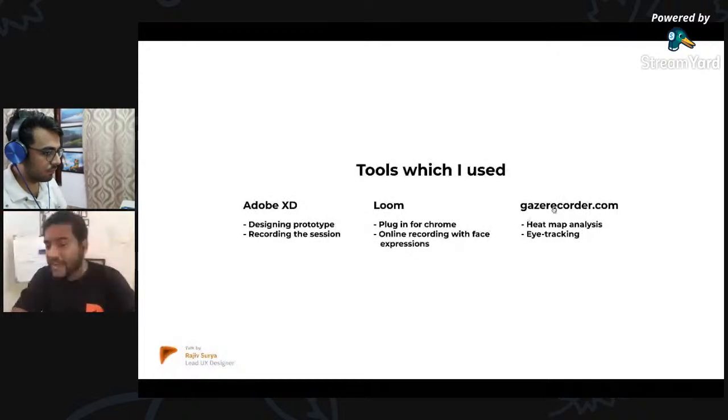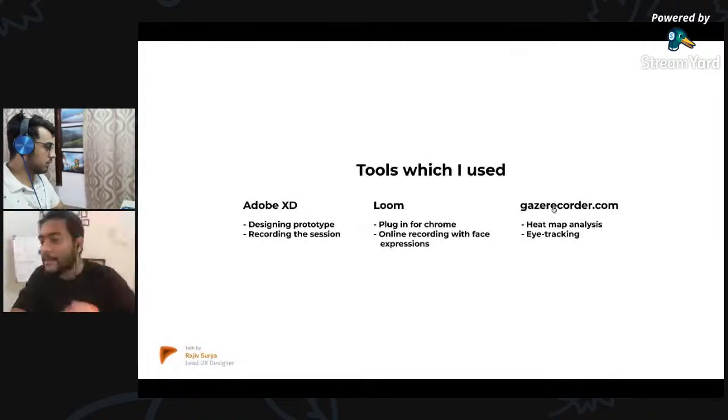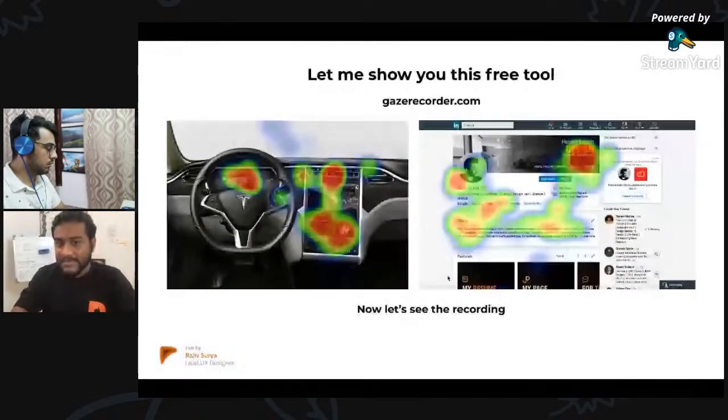And the final one, a good free tool on the browser itself, is Gaze Recorder. It's basically an eye tracking tool which gives you heat map analysis. Let me show you some examples of it. So these are two UIs. One is a stereo dashboard of Tesla's car, on the left side.